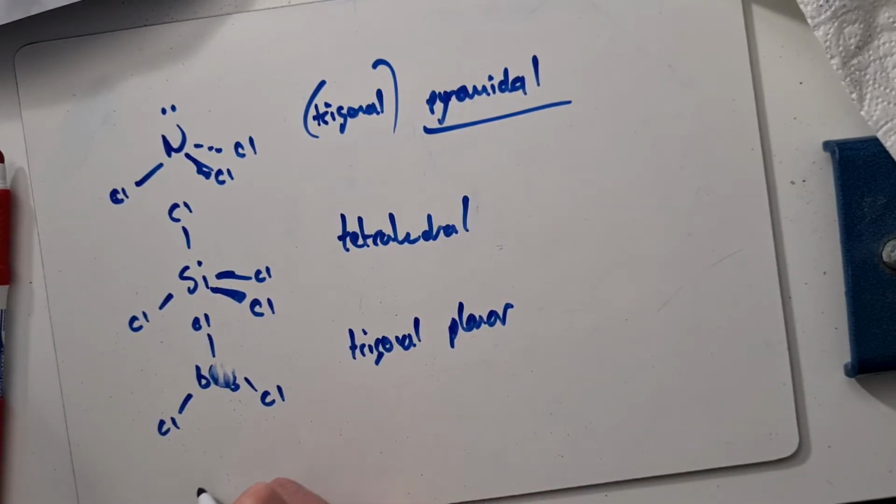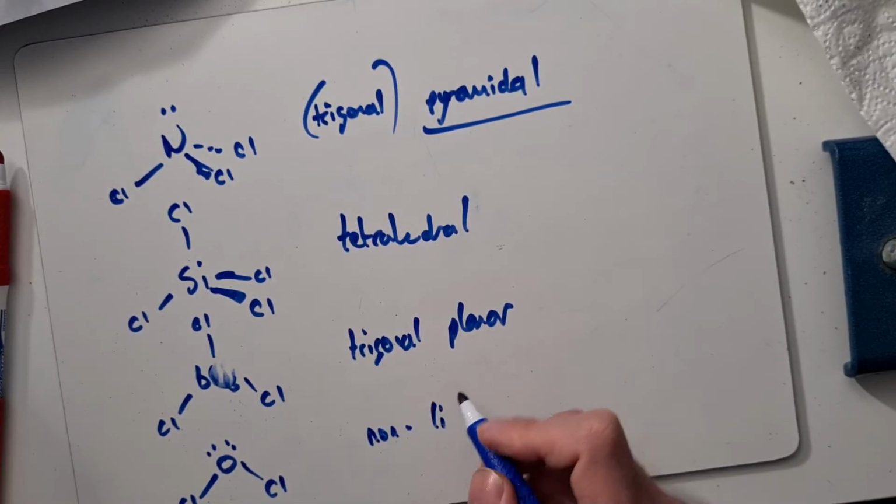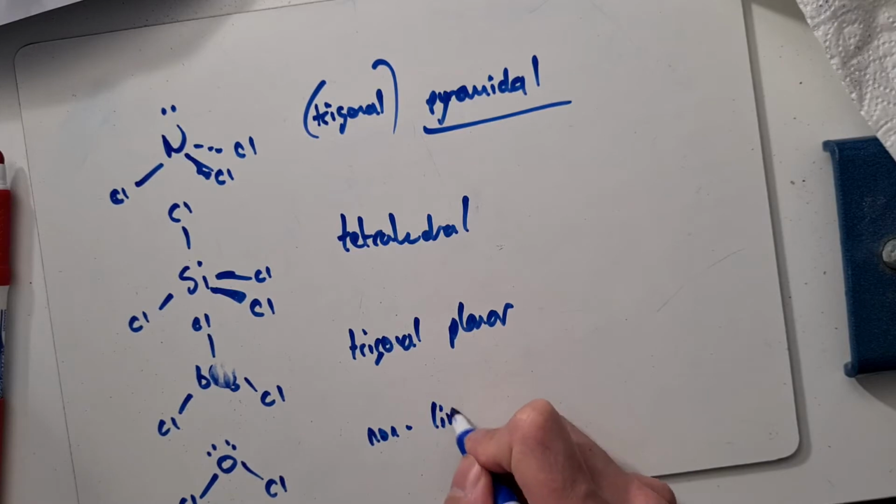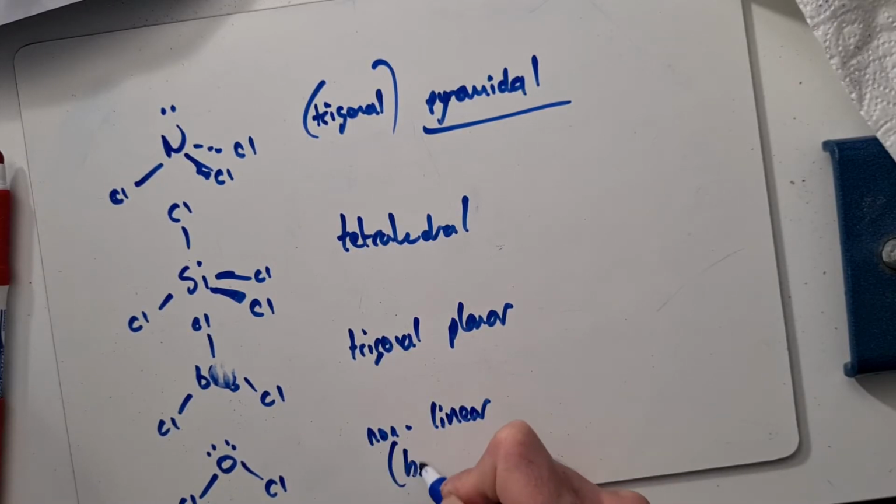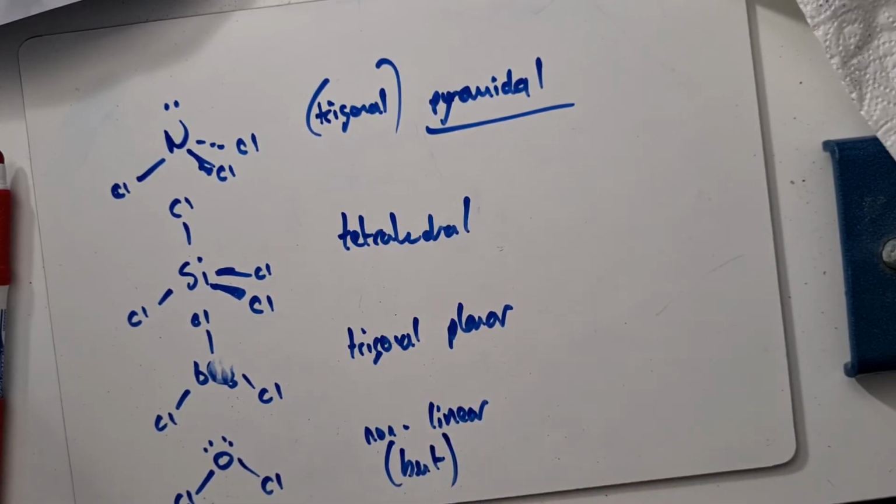And Cl2O is nonlinear. We used to call this bent, but that's gone out of fashion a bit now, but it still allows you calling it bent.